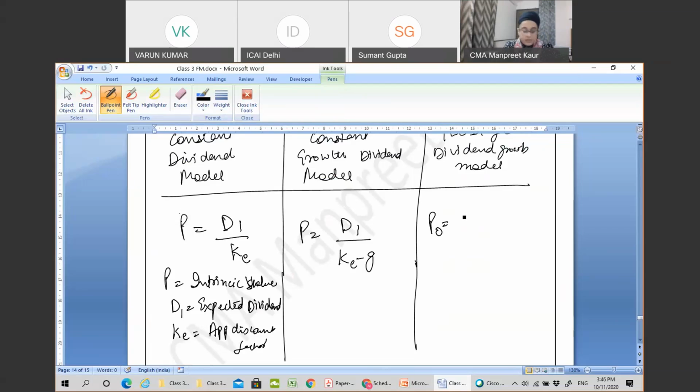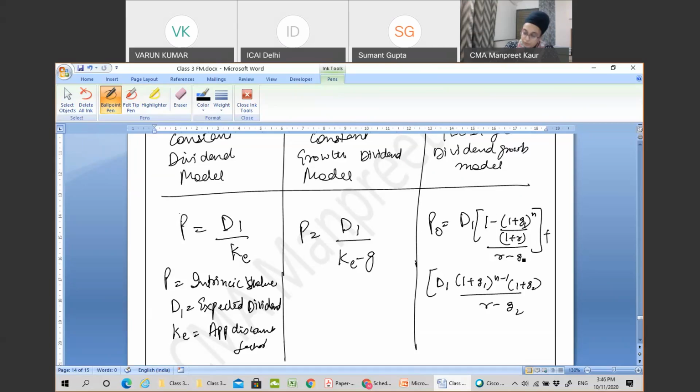And P0 is D1 times (1 minus ((1 plus g) divided by (1 plus R)) to the power n) whole divided by R minus g, plus D1 (1 plus g) to the power n minus 1, (1 plus g2) divided by (R minus g2), times 1 upon (1 plus R) to the power n.